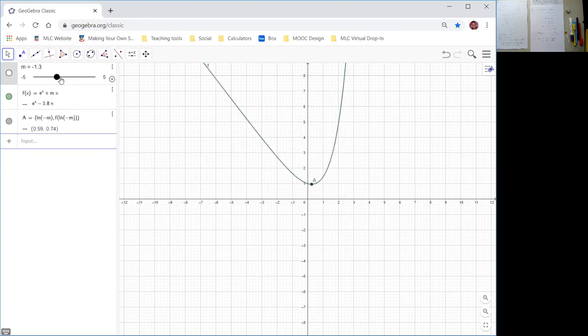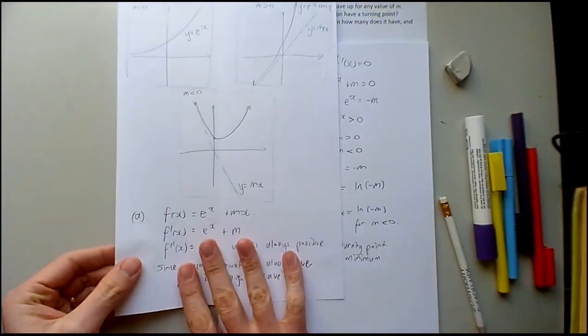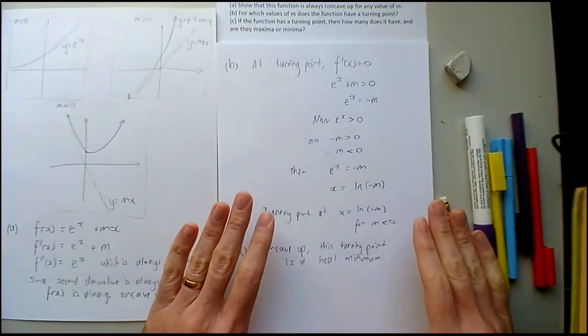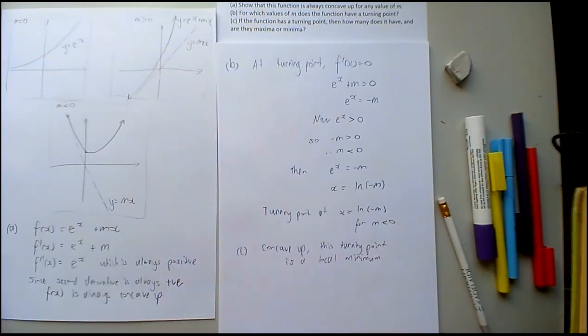Yes, it really is a turning point, no matter what. Cool. Well, that's very exciting. Okay, so we know the second derivative is always positive. We've found when it has a turning point, and the fact that it's a local minimum whenever it does have one.